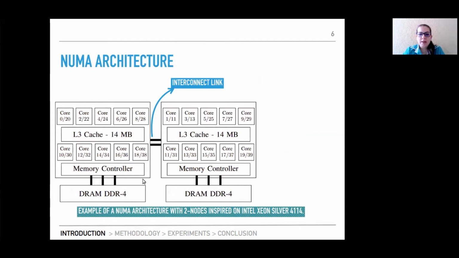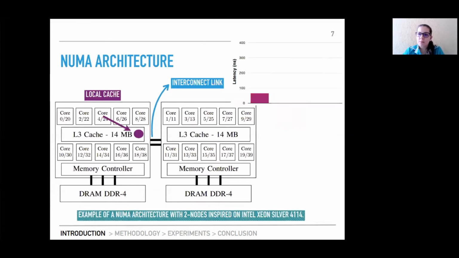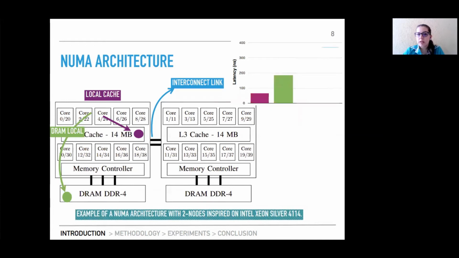The NUMA architecture is formed by multi-core nodes connected by interconnection links. Each node has its memory bank that can be accessed by all nodes in the architecture. Access to cache memory or local DRAM has a lower latency cost.